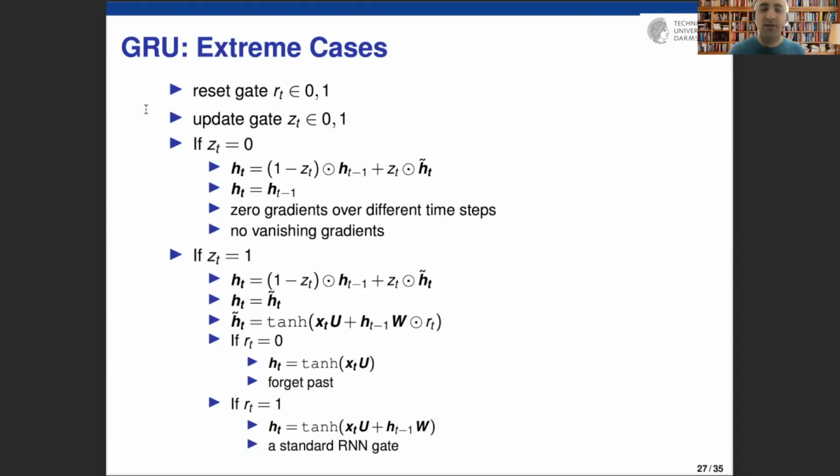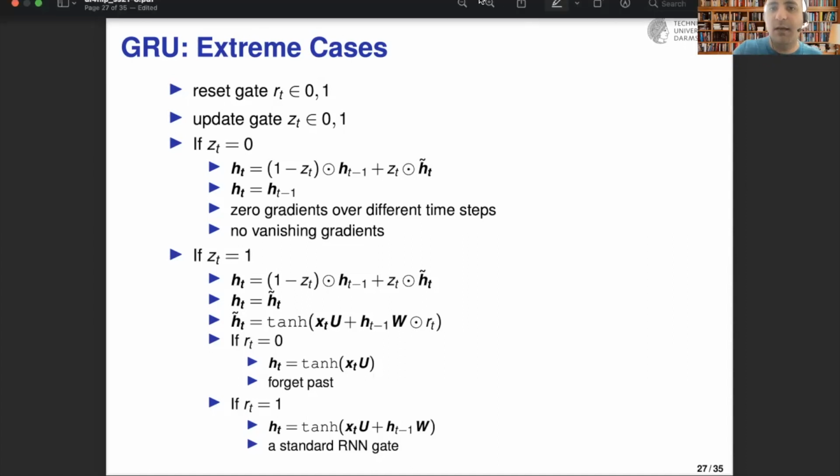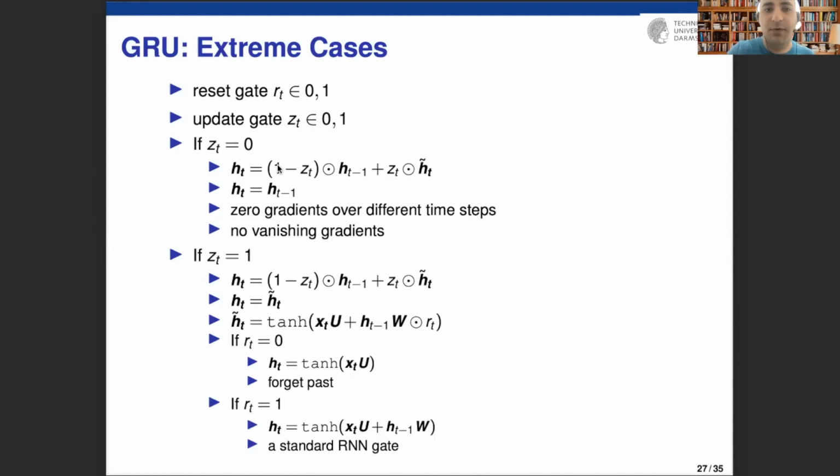If the update gate equals 0, then this part becomes 0 and this part becomes 1, so we only have h_t equals h_{t-1}. That means the input token at the current step doesn't have any impact on the content of the memory.